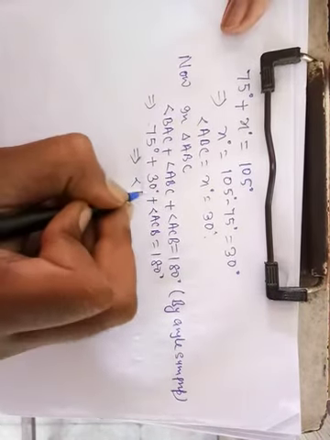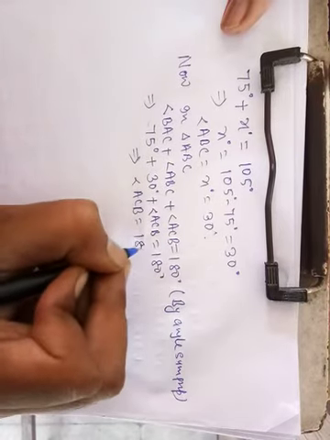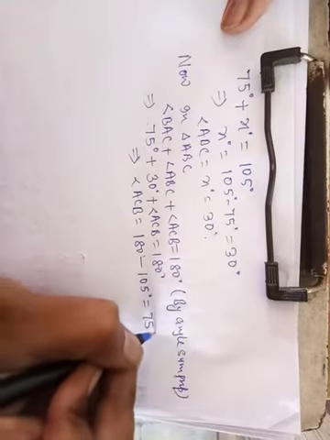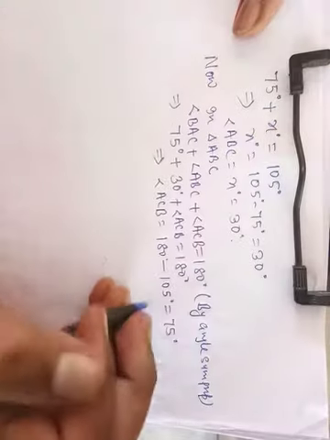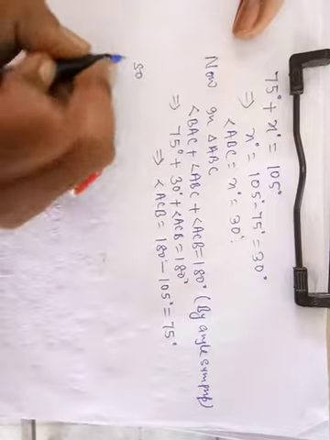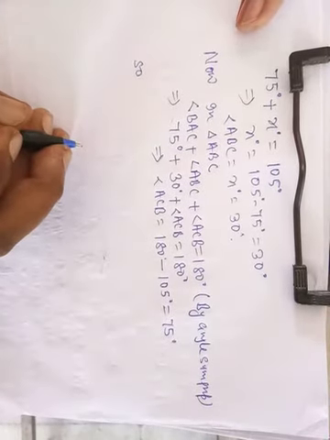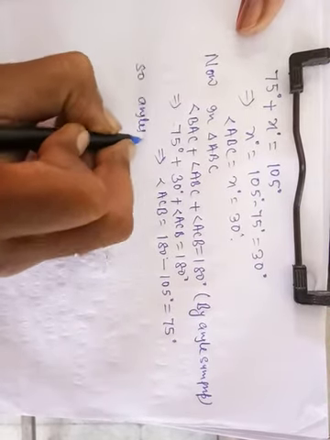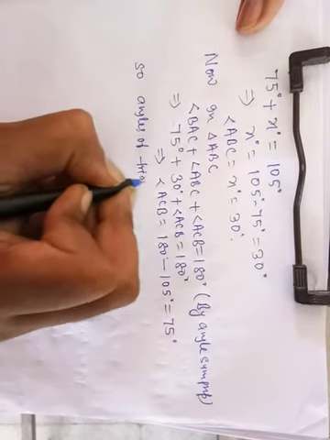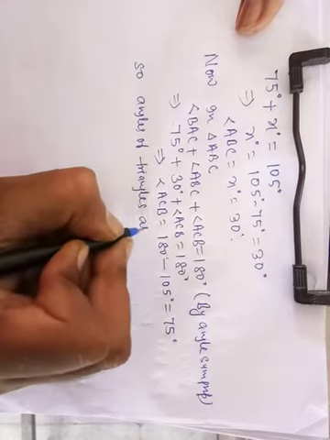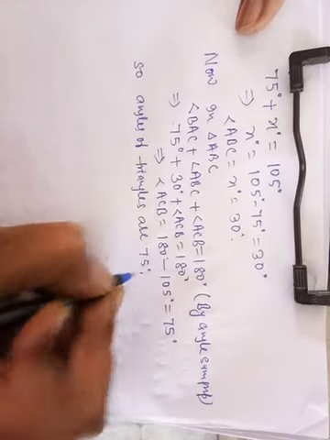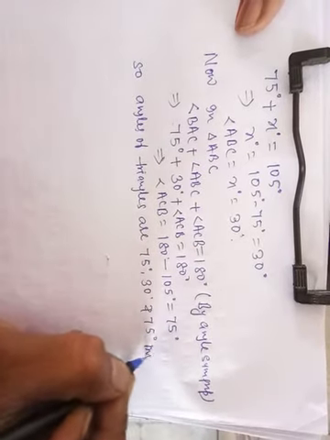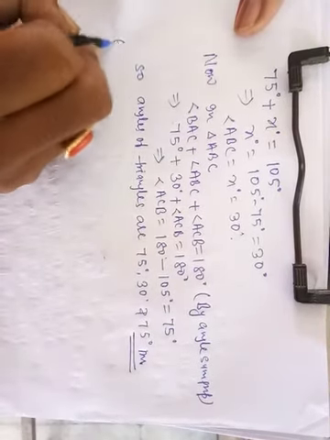So angle ACB is equal to 180 minus 105 degrees, that is 75 degrees. So the angles of the triangle are 75 degrees, 30 degrees and 75 degrees. This is the answer. Now question number 6.